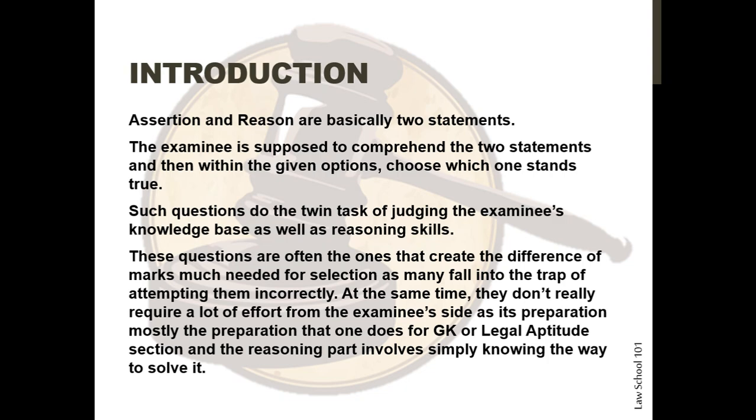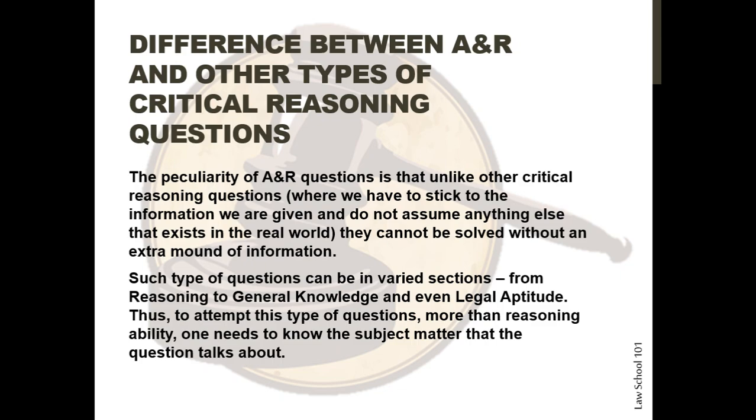There exists a difference between the assertion reasoning questions and the other types of critical reasoning questions. The peculiarity of critical reasoning questions in general, except the AR questions, is that we have to stick to the information we are given and not assume anything else that exists in the real world.